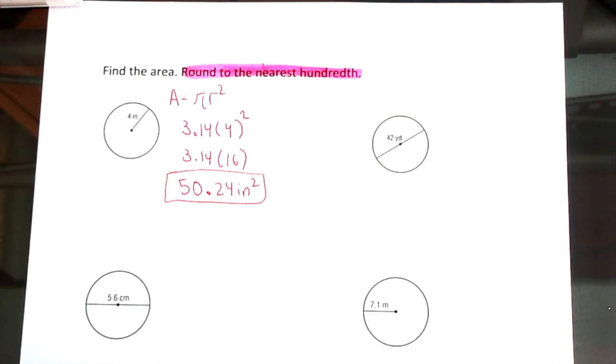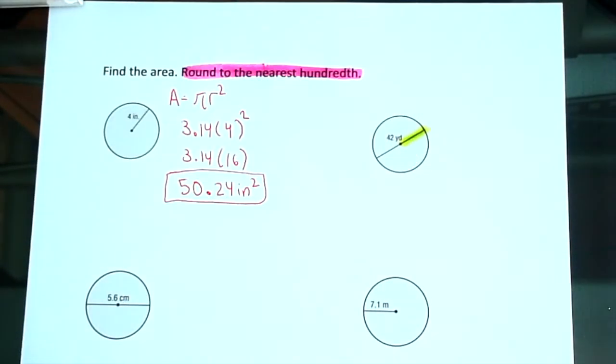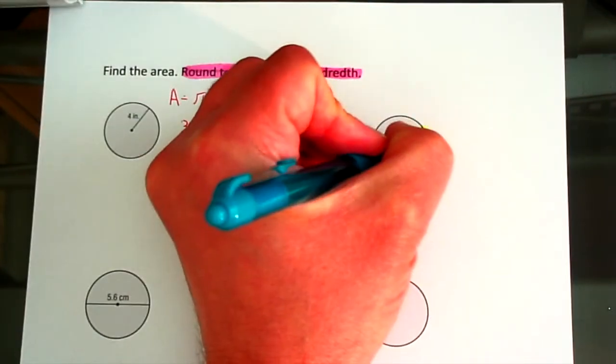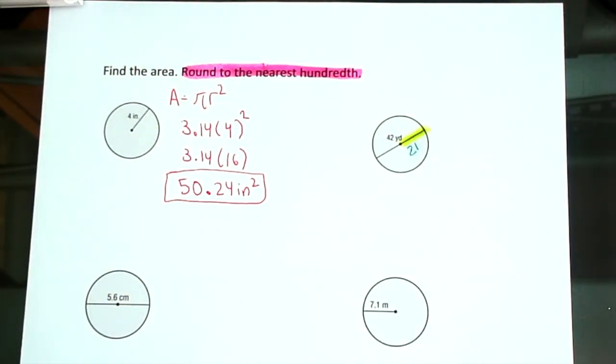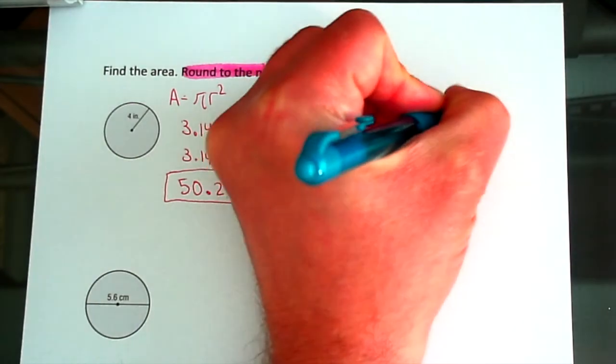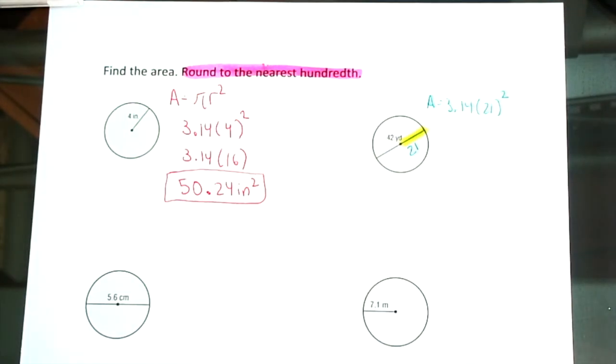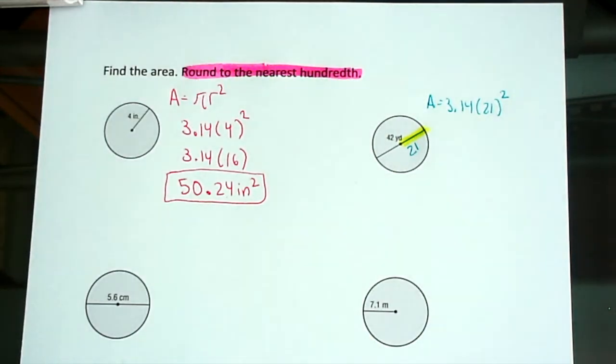Now when I look at this next one, they gave me the diameter. They gave me the distance going all the way across. Well, I only really want that measurement from the middle to the edge. Well, that's half of it. So that really just becomes 21. So my area becomes 3.14 times 21 squared.